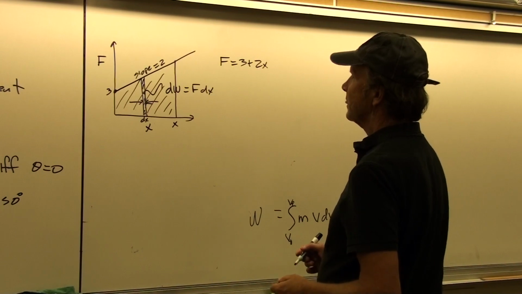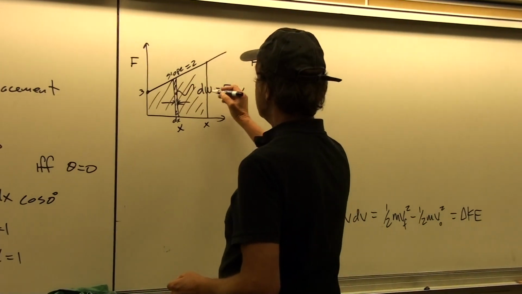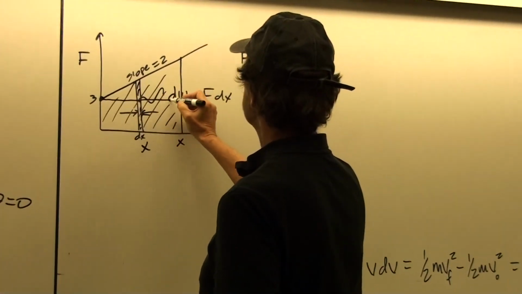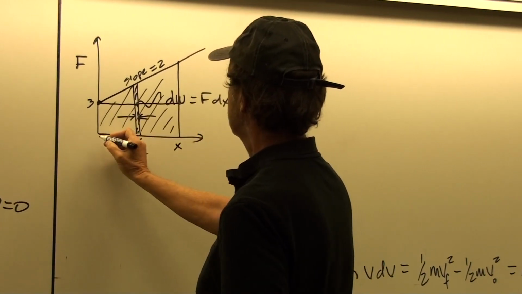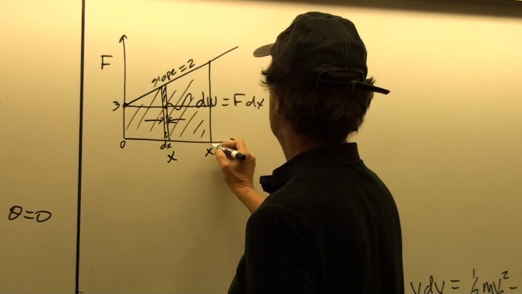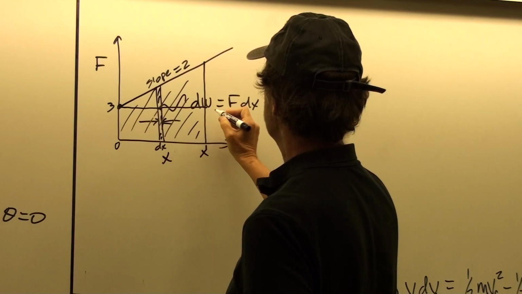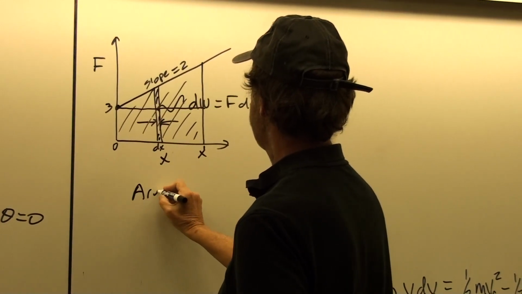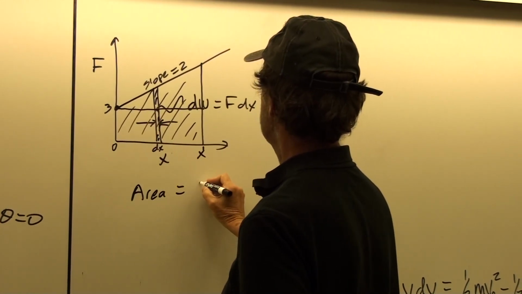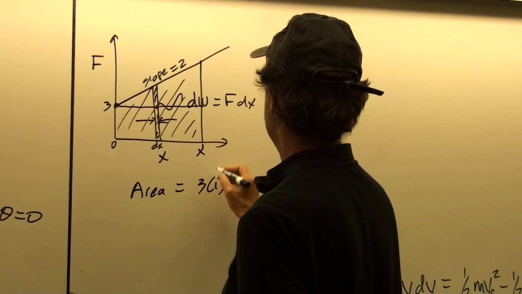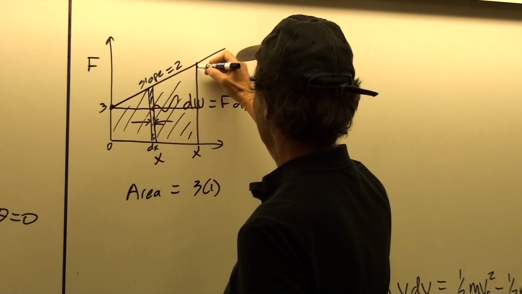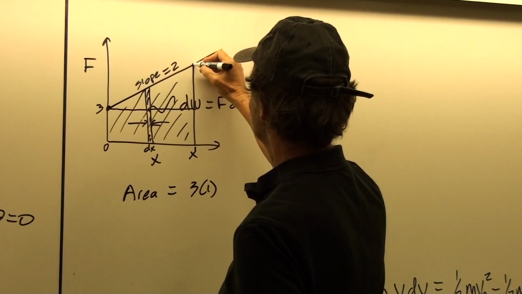Okay, so the area under this curve, we could do it that way if we wanted to. Then this would be 0, 1. This would be 3. So the area is going to be 3 times 1 plus 1/2 base times the height. Okay, so this is x equals 1.